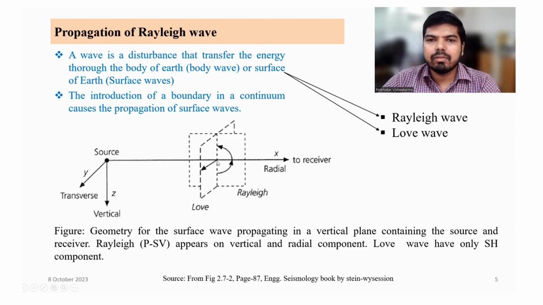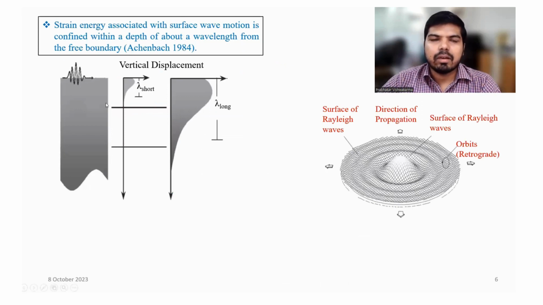In the case of the Love wave, transverse motion is there. This picture gives some visualization of how the surface wave will propagate. Now, the impulse or source which you apply on the surface of the Earth makes the wave propagate. As I have already mentioned, the surface wave propagates as a retrograde motion.